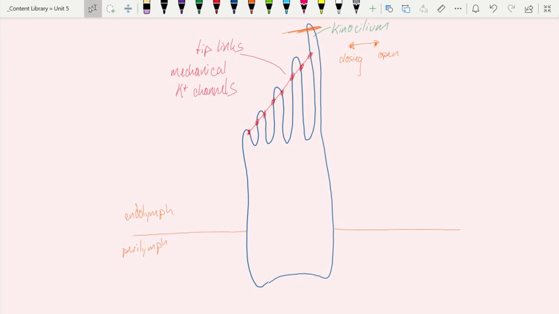We have, of course, down here our exocytic vesicles, all loaded with neurotransmitter, and we're waiting for the calcium signal to drive that, right? So as this kinocilium moves, it stretches open these tip links. And because these are specific for potassium, this is the one time in the body where potassium actually is going to go in.